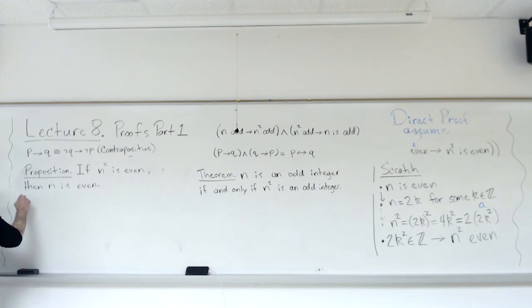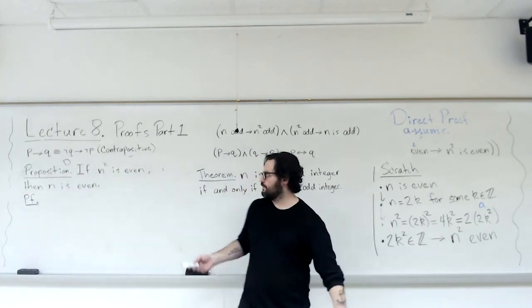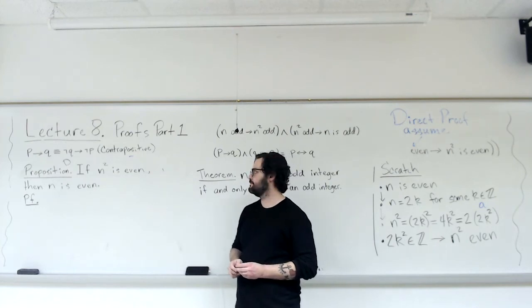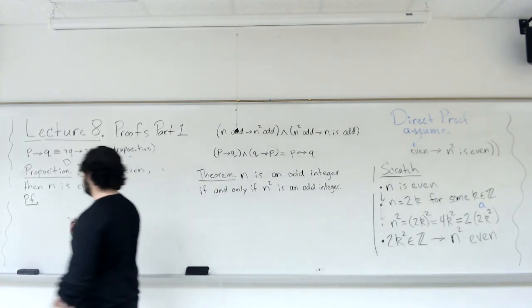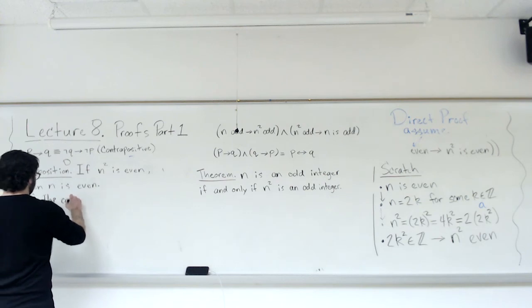Well, I wish I would have labeled my propositions earlier. I'll call this proposition D. Okay. So what's the contrapositive of that statement? If n is odd, then n squared is odd. Exactly. That was proposition B that we proved, right?